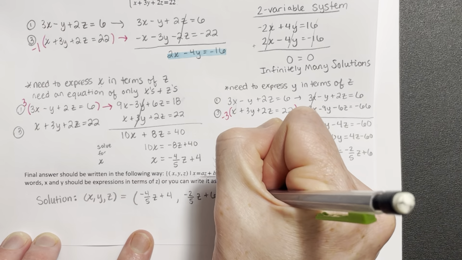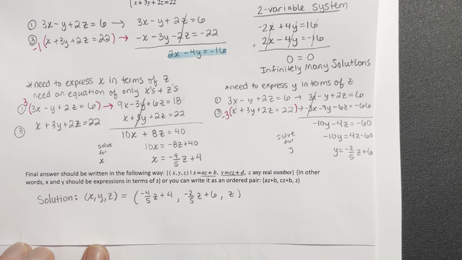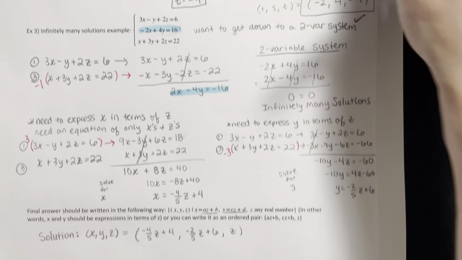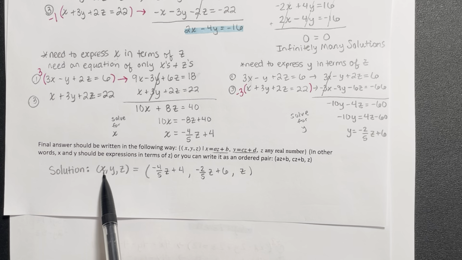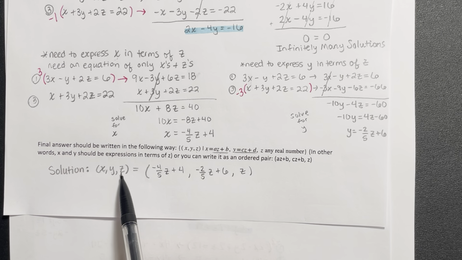And then z is just z. That's a typical way to write this, but really it's up to your instructor or your textbook, whatever resource gives you the guidelines. Sometimes we express all of the variables in terms of x. Sometimes we could express them all in terms of y. It's just generally not as common. And then a lot of times we express them in terms of z, like we did today.